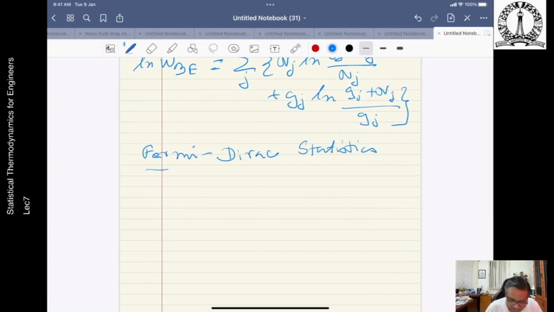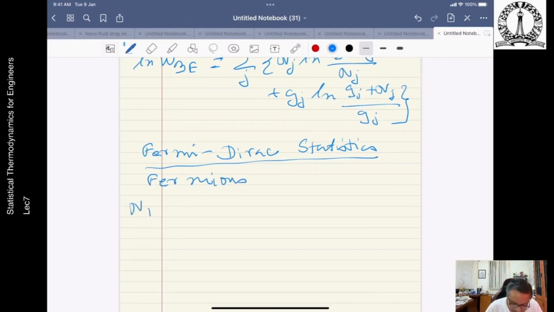Okay, so the next one is the Fermi-Dirac statistics. These are valid for fermions, a class of particles. Again, the same thing: Nj fermions in Ej energy level, in Gj containers.